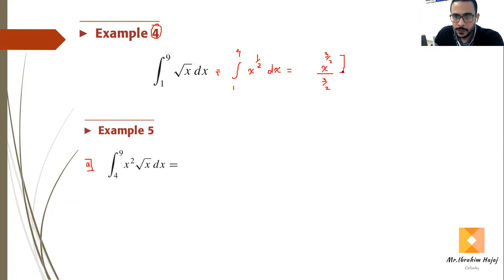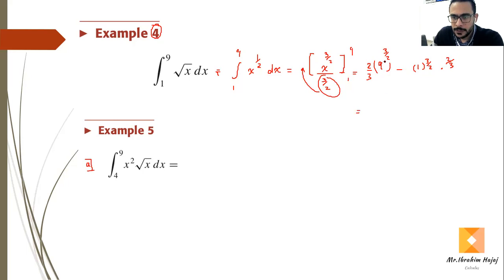Then evaluate this from 1 to 9. So we have 9 to the power of 3 over 2, multiplied by 2 over 3, because we flip it, minus 1 to the power of 3 over 2 multiplied by 2 over 3.